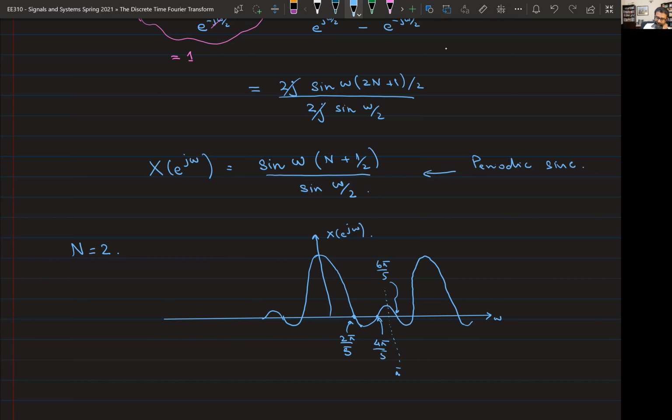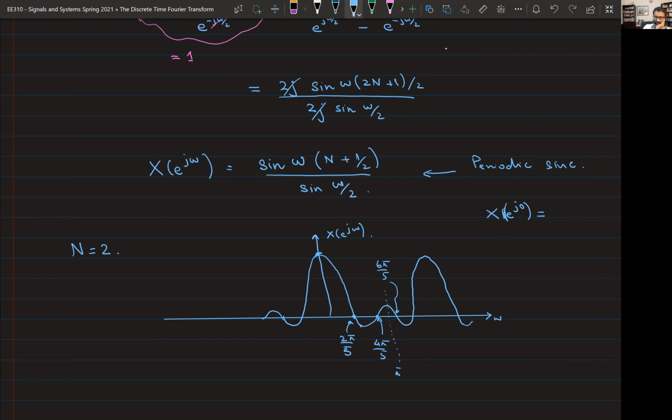What about this height here at omega equals 0? How do we find that? So what is L'Hopital? You could put e power j0, and then sine of 0 comes, sine 0 is 0, so that's 0 over 0, undetermined.